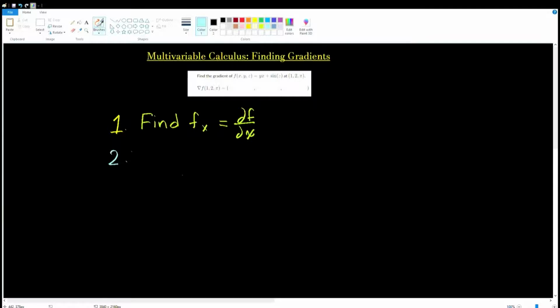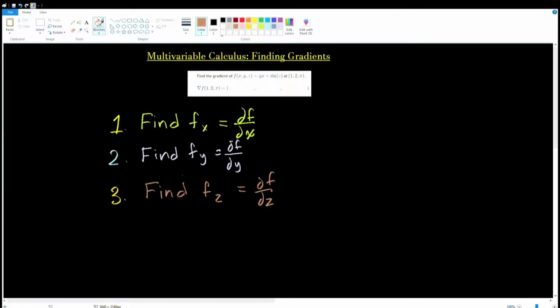Step number 2 is to find f base y, which is df over dy. And finally, the third step is to find f base z equals df over dz, and then we can move on to the real problem.